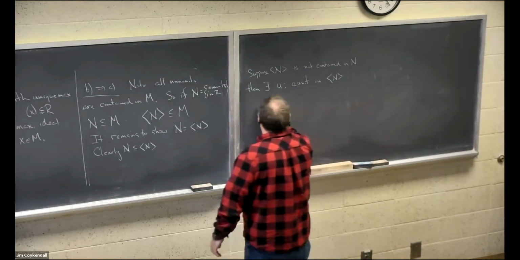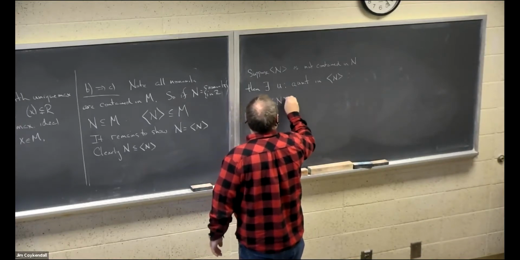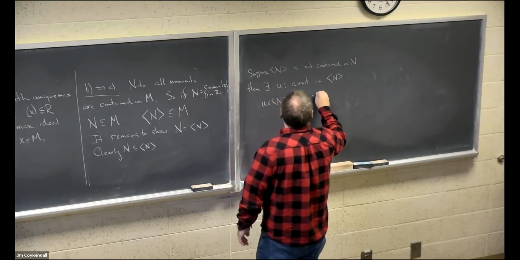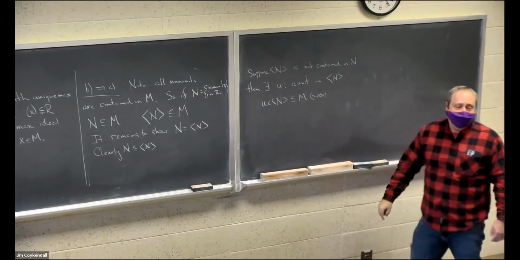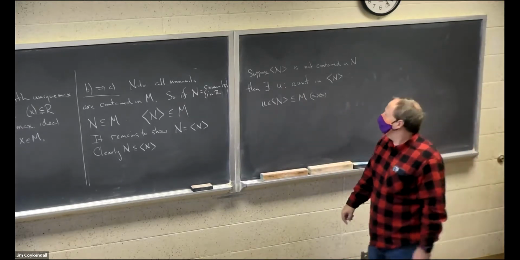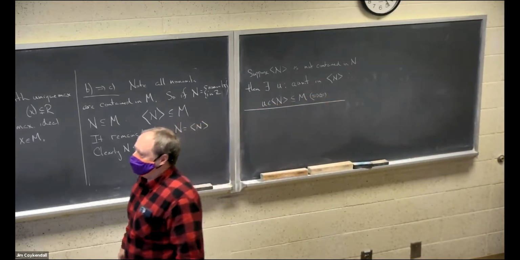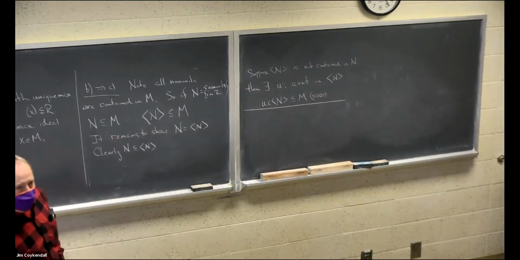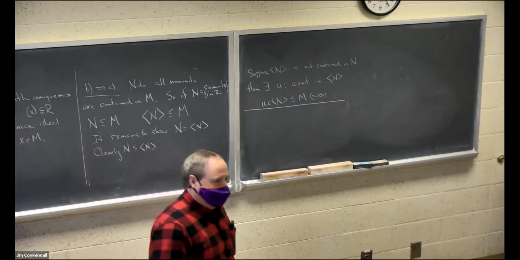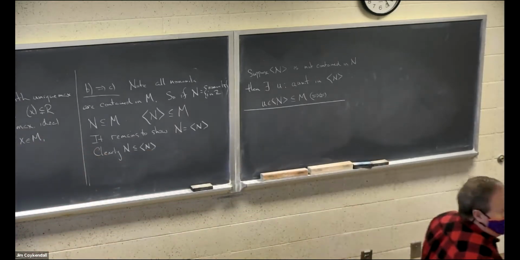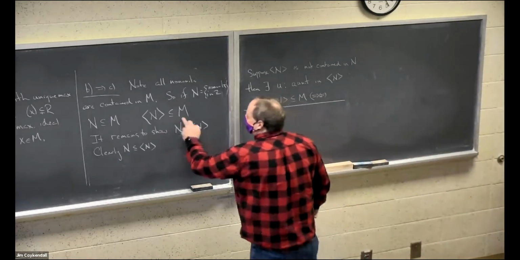Therefore, u is in the ideal generated by N, which is in M, which is a contradiction, because no maximal ideal, in fact no proper ideal at all, contains a unit. Everybody understand that? So no maximal ideal contains a unit. No proper ideal at all. And then what we do know is this thing is trapped inside of this maximal ideal.